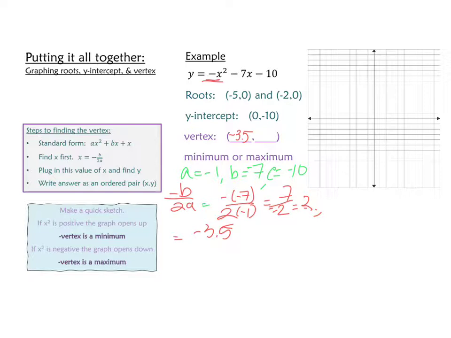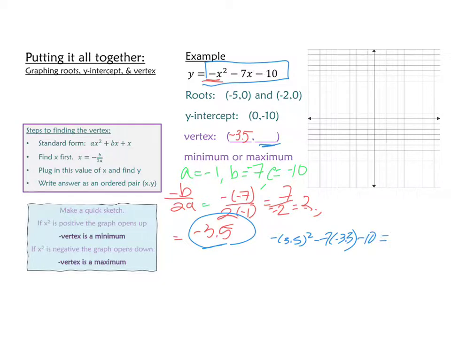To get the y, we just plug this -3.5 into this formula. -3.5 squared, -7 times -3.5, minus 10. You plug that into your calculator, what you come up with is 2.25. 2.25 is our y coordinate.